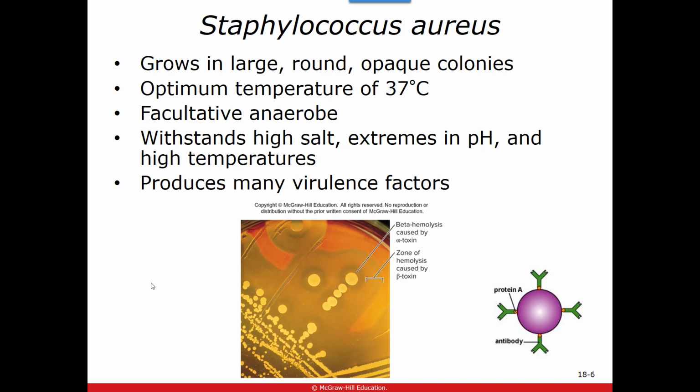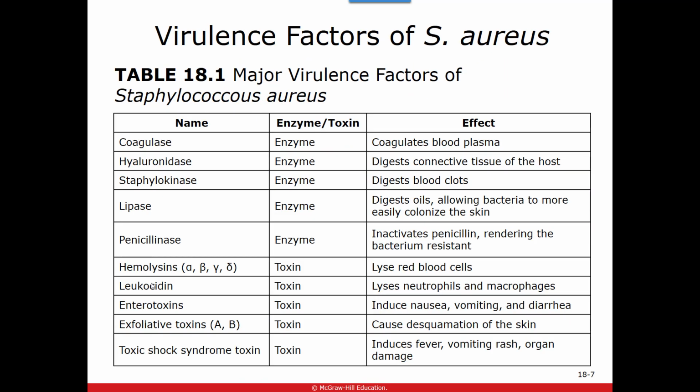And a lot of them, especially this one, has a lot of different virulence factors. Now, when we talk about virulence factors, these are things that allow the bacteria to cause disease, so things that are good for it, which then means bad for us. So we're going to look at some of these virulence factors of just Staph aureus.